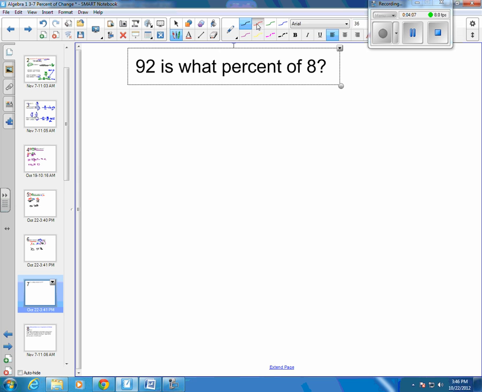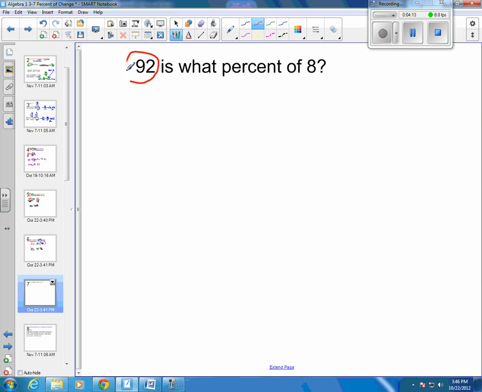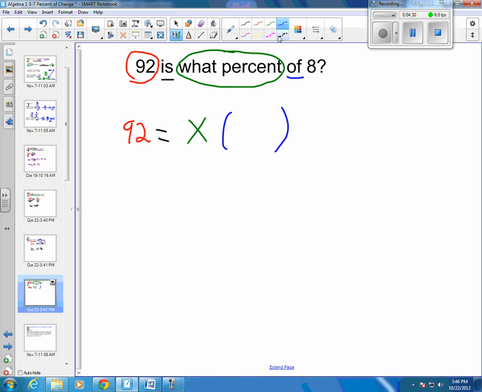So let's look at 92 is what percent of 8? So 92 is just 92, is equal to what percent? Well, that's an x. Of means multiply. And we've got our 8.